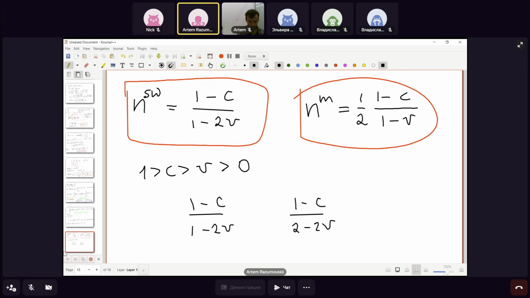Since here we have 2 minus 2v and here we have 1 minus 2v, the social welfare number of users will be greater than the monopoly one. So what is optimal for social welfare is greater than what the monopoly does. So then we can say that monopoly is probably not the best market, maybe.